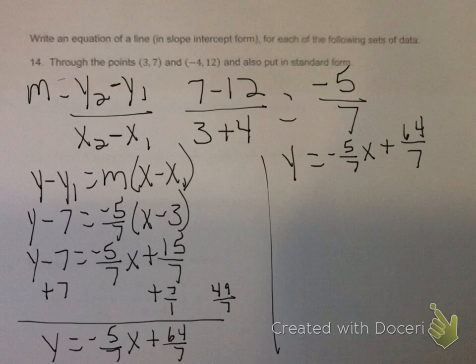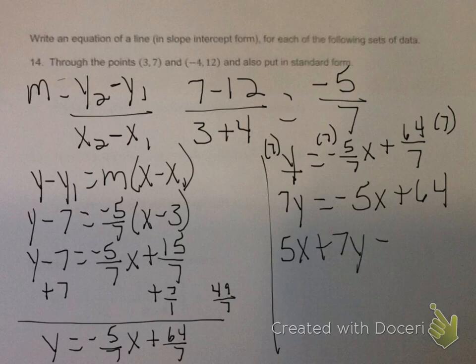Now you also had to put it in standard form, so you want to clear your fractions. And remember, you have to have the x on the other side, and x has to be positive.